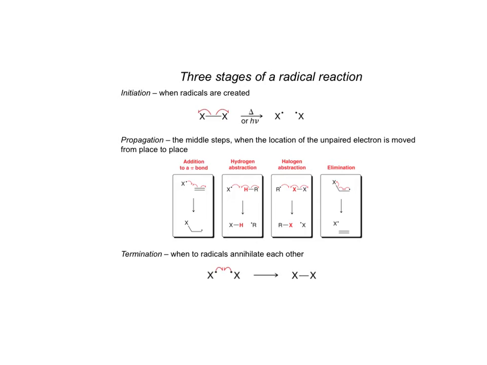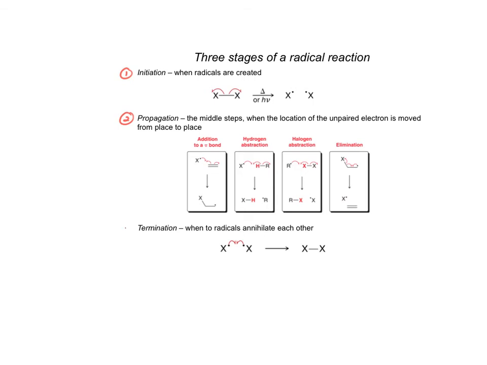So what do I mean by that, right? All radical-based reactions have the following three basic steps involved. They have a first step, which is called initiation. They have a second step, which we call propagation. And then they have a third step, which is called termination, okay?